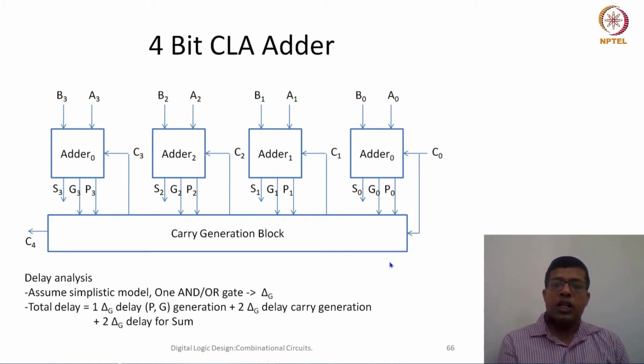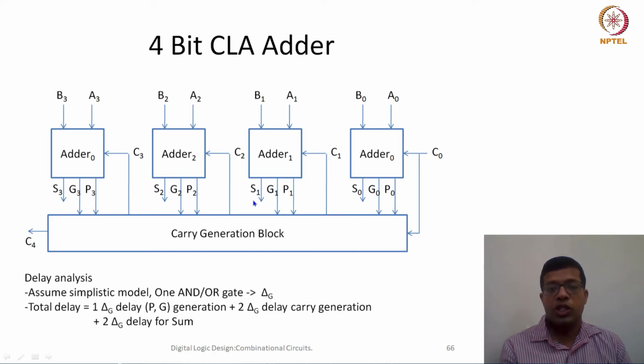So in one gate delay, or one delta G, we would be computing all the propagation and generation. All these Pi and Gi would be available after one delta G, and after that 2 delta G would be required to generate all these carries.